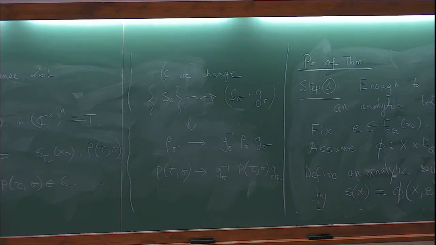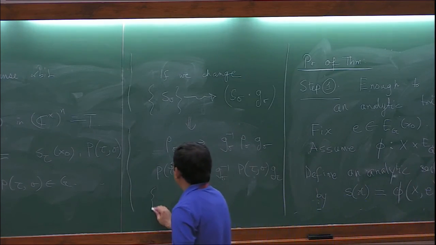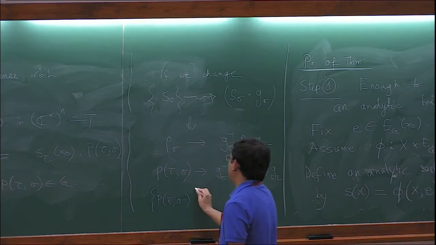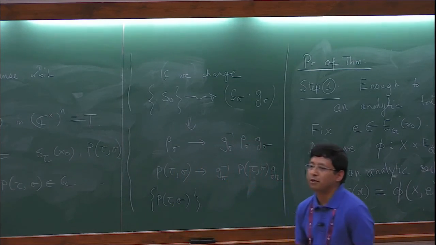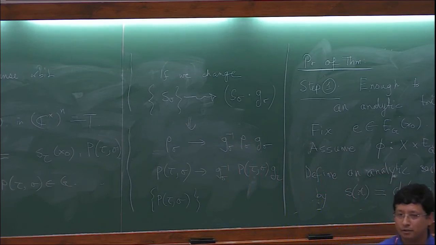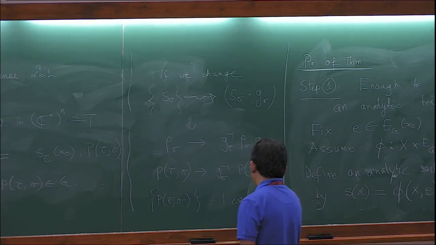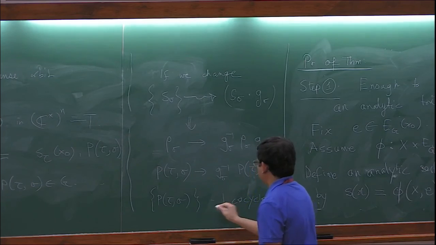Okay. So you have this, and also notice that this P tau sigma behaves like a one cocycle, so that P tau sigma, P sigma delta, P delta tau is 1, so it's a G valued one cocycle.